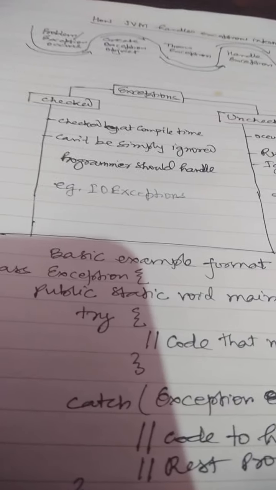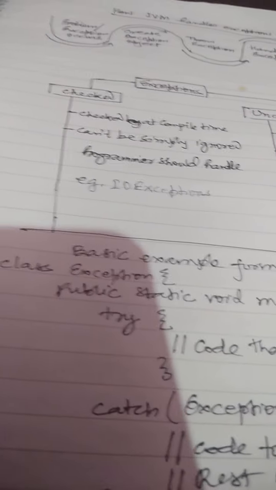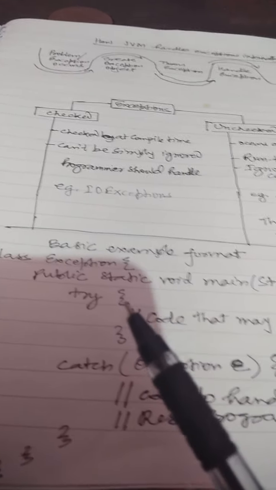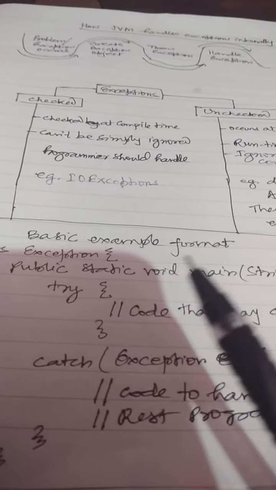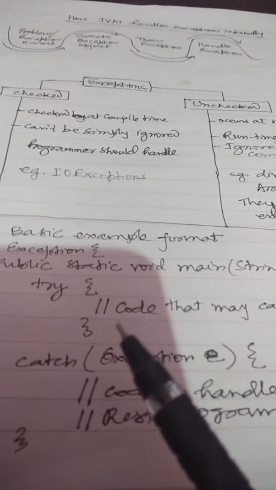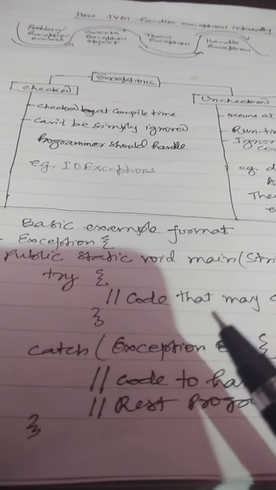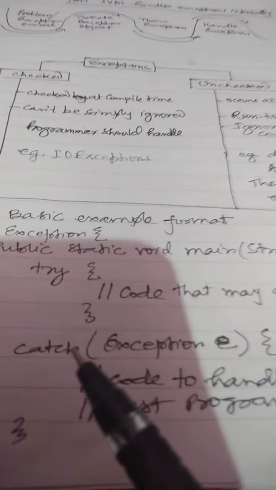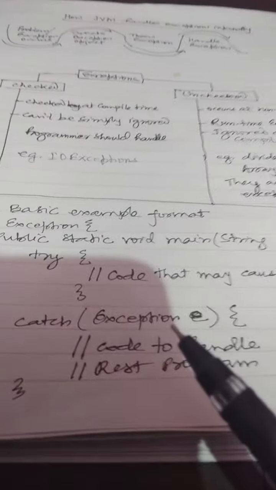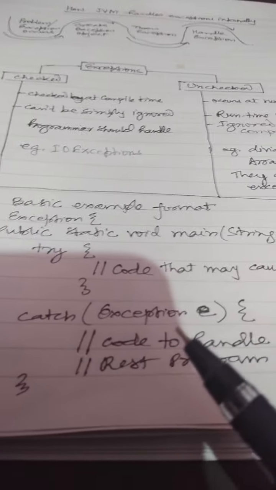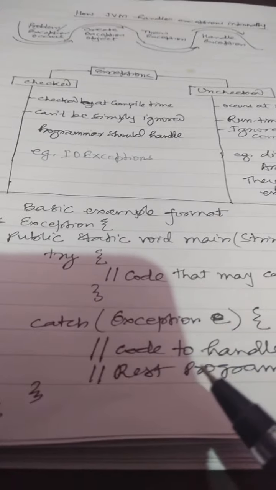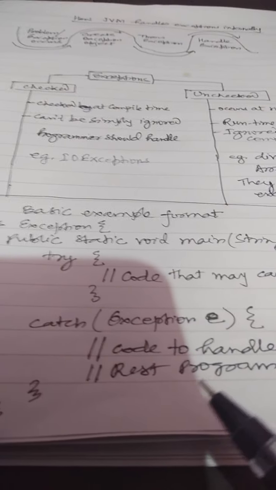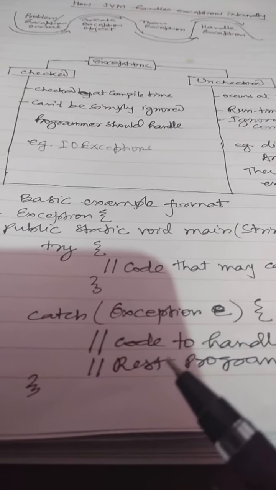So here is the basic format in which we write this in Java. For simplicity, we have one try block within the main function where protected code is written that may raise the exception, and the catch block is the exception handler. It catches the exception and displays the error message, and the rest of the code can be written here.